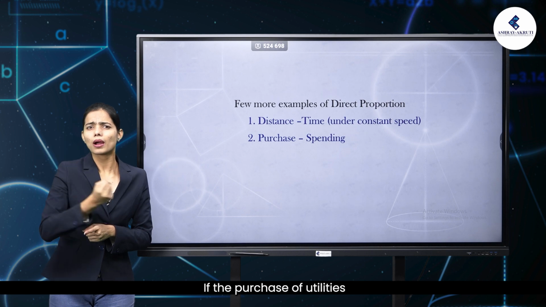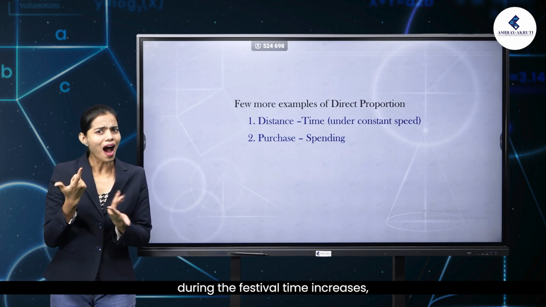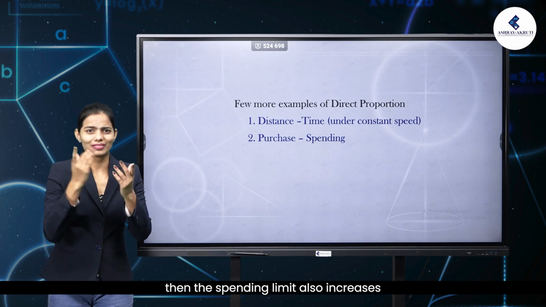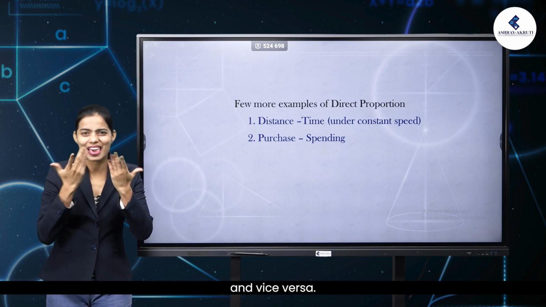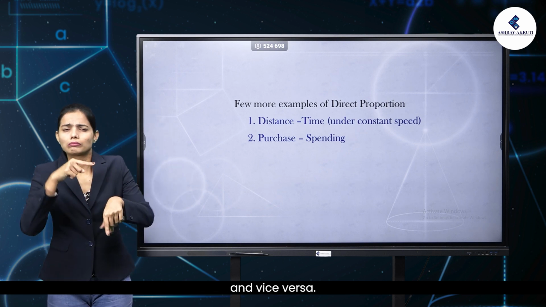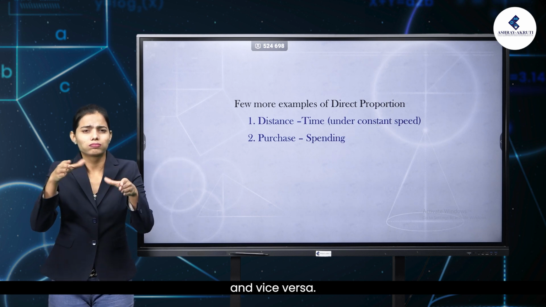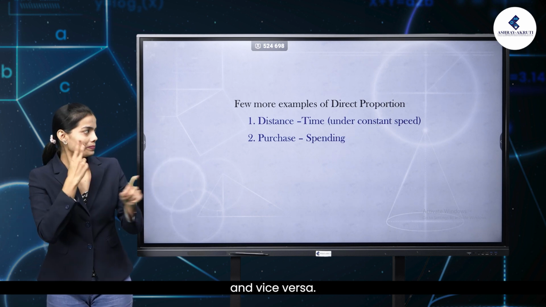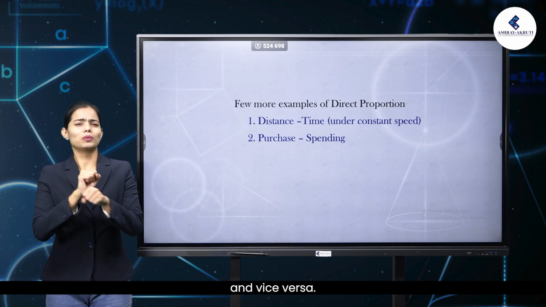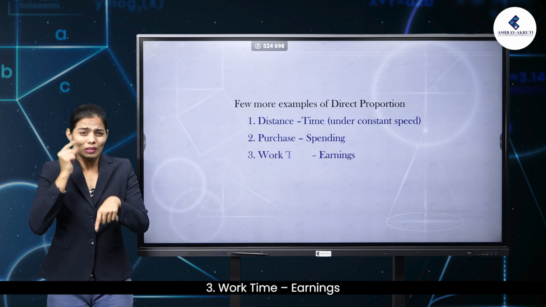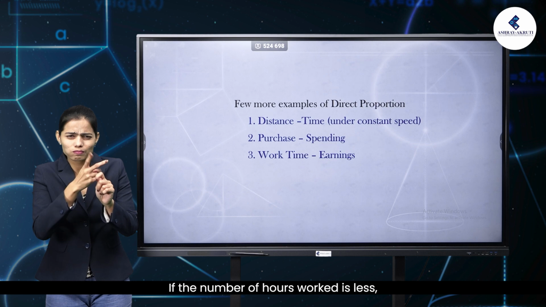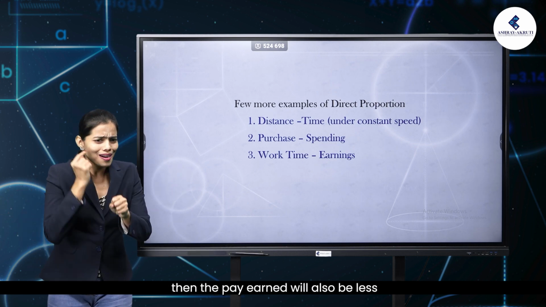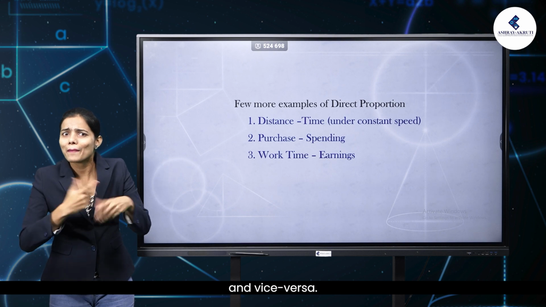If the purchase of utilities for a family during the festival time increases, then the spending limit also increases and vice versa. Number 3, work time and earnings. If the number of hours worked is less, then the pay earned will also be less and vice versa.